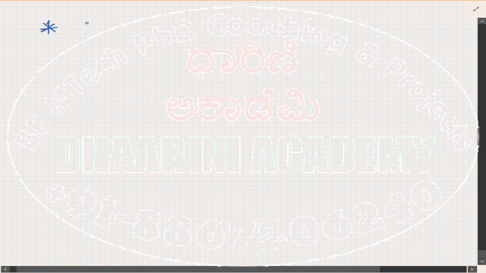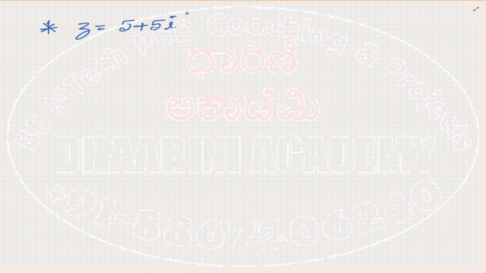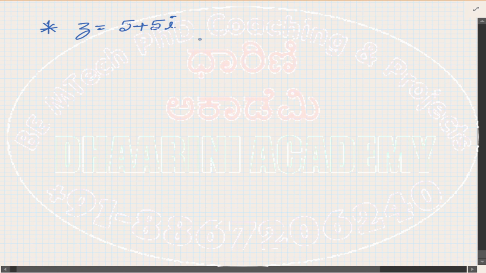The first number says z is equal to 5 plus 5i. So let's calculate r. r is equal to the root of x squared, that is 5 squared, plus another 5 squared. So 5 squared plus 5 squared is 25 plus 25, which is 50, root 50. Please calculate the value of root 50.